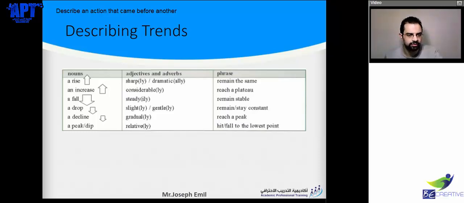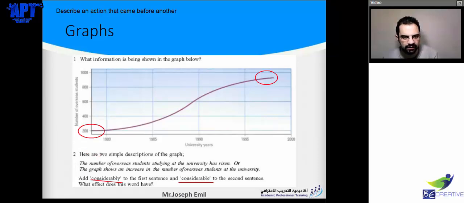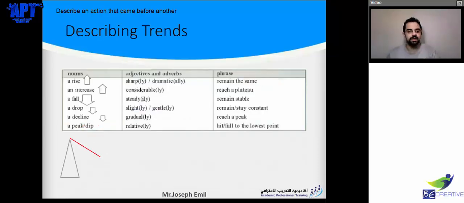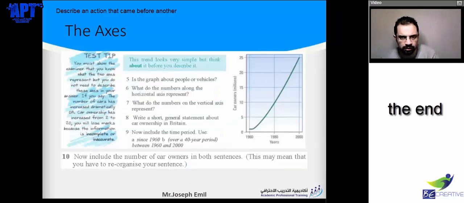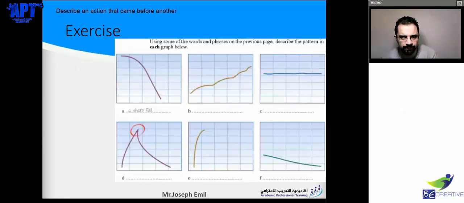I'm just going to draw a triangle like this, and this part here is the peak. Okay, so it doesn't seem I have a graph here yet, but when I see a peak in this presentation, I think it will be later on.